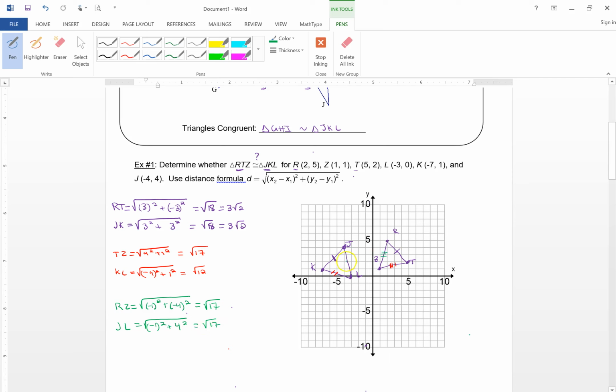So these are congruent to each other. All right. Since we have 3 sides congruent to 3 sides here, we can say that triangle RTZ is congruent to triangle JKL because of SSS.